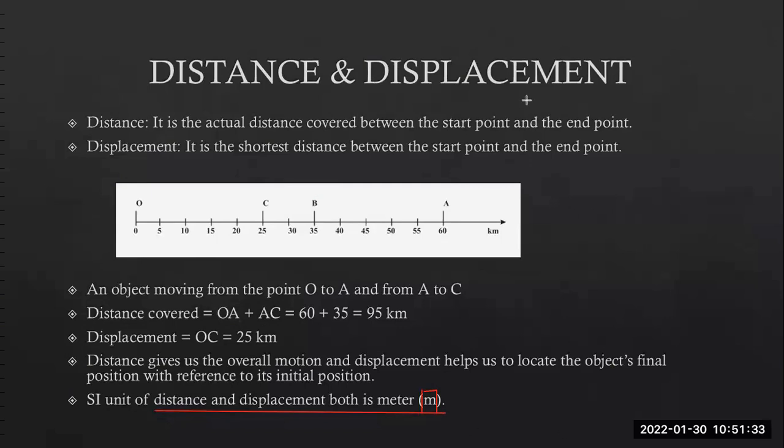One more thing before we proceed to the next slide. Displacement needs both magnitude as well as direction, whereas in the case of distance, only magnitude will help. You're already introduced to integers.